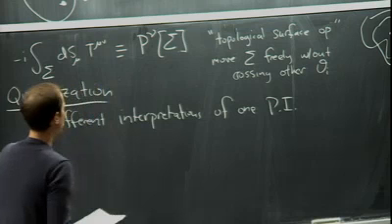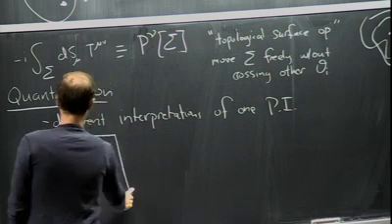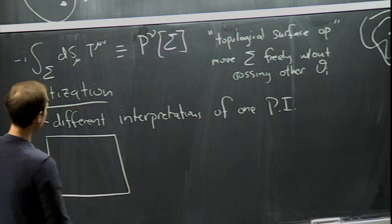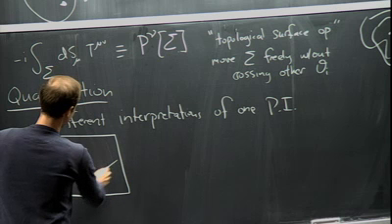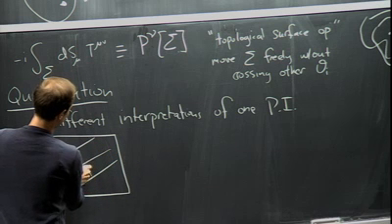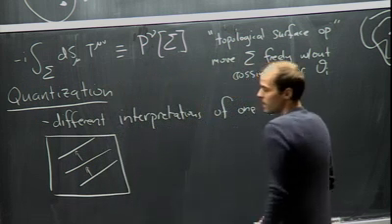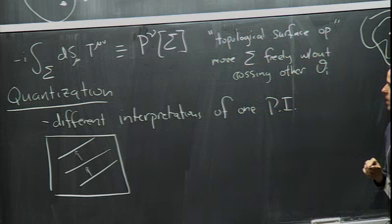This is something that is totally familiar to you from Lorentz invariant quantum field theories. If we have some path integral, we can pick some reference frame so that we have these spatial slices, and then think about the Hamiltonian as evolving us from one spatial slice to another.